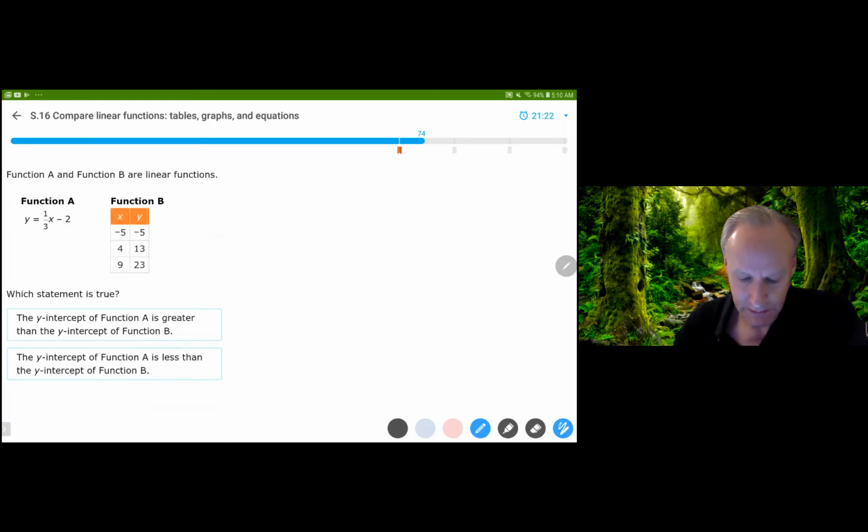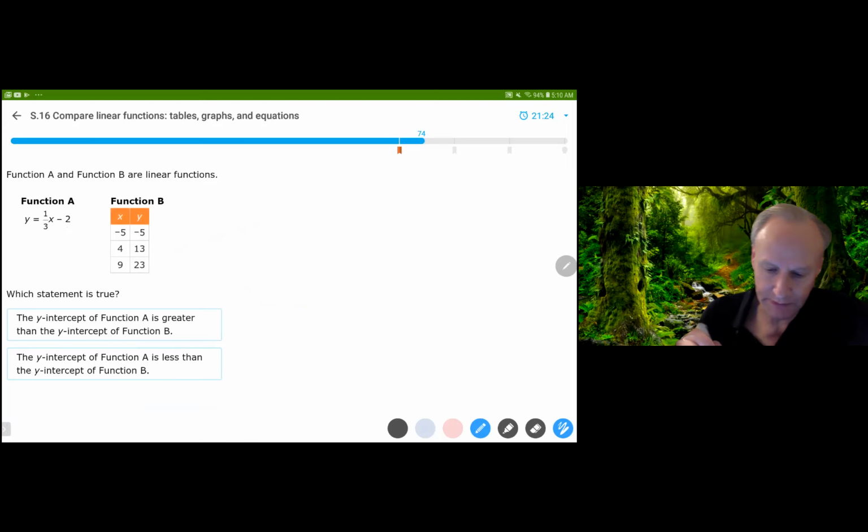Okay, let's see. The y-intercepts, we want to compare them. Well, there's one of them, 0, -2 for function A. My b value is -2. Now for function B, I don't have a nice midpoint this time where I can get the 0 value. I don't see any easy way to do it. Although I want you to notice something. From -5 up to 13, what's the difference here?